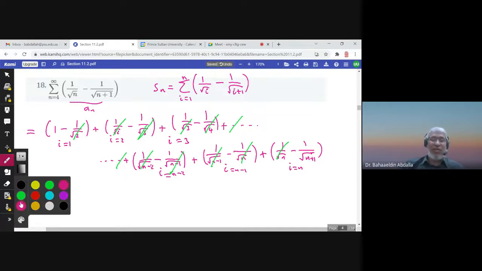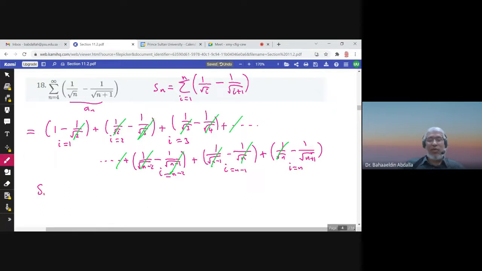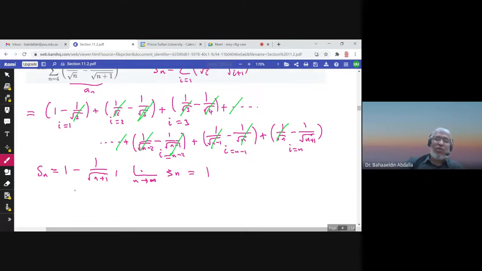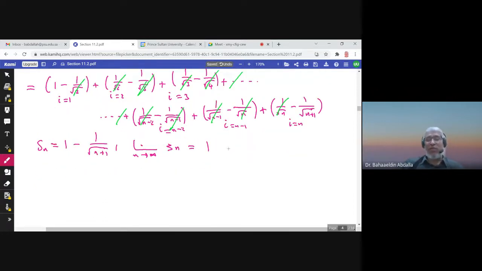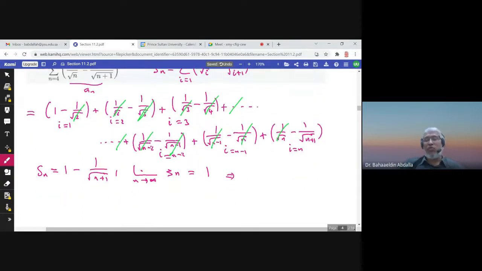And as you can see, Sn would be this one minus 1 over square root of n plus 1. And the limit of Sn when n goes to infinity would be 1 because 1 over infinity is 0. So the series converges to 1.